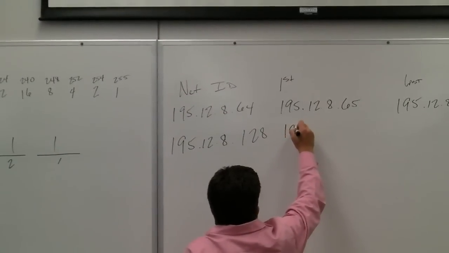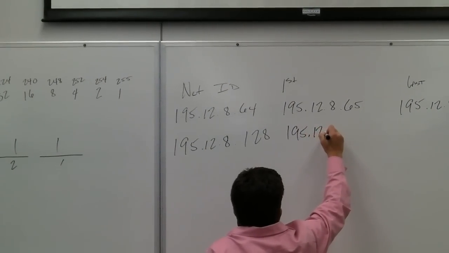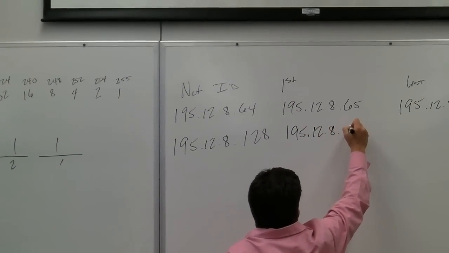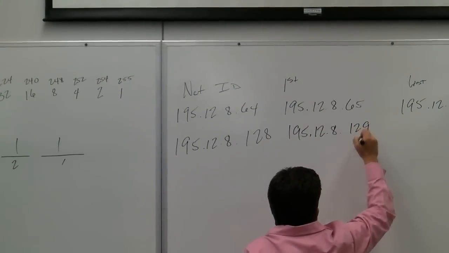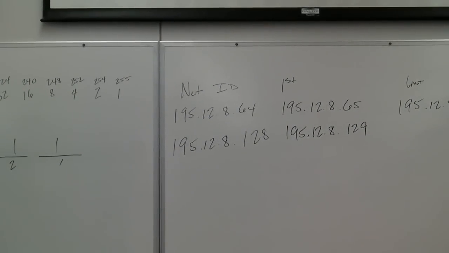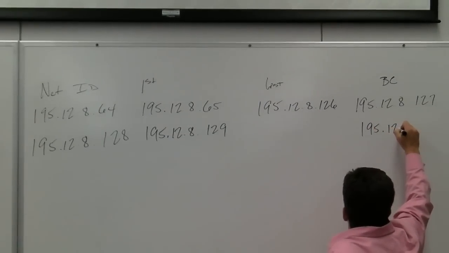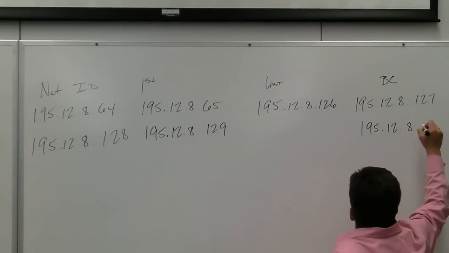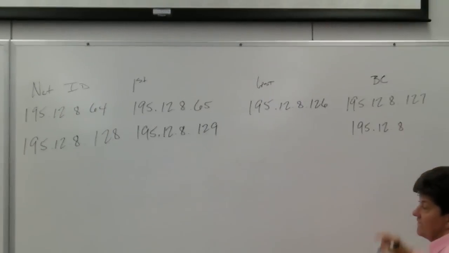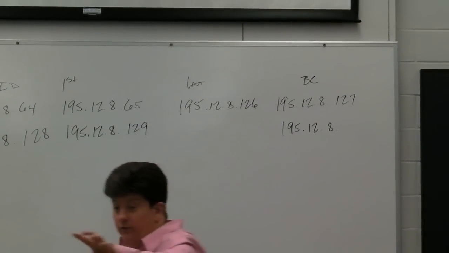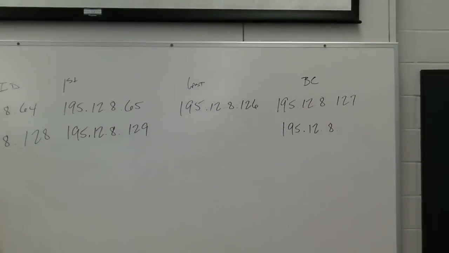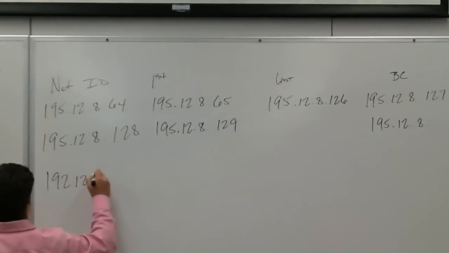Same thing here. 195.12.8, add 1 to it. What's this one? 120. So subtract from that. Do you remember the address we're not allowed to use? Yeah. So we're not allowed to use this.